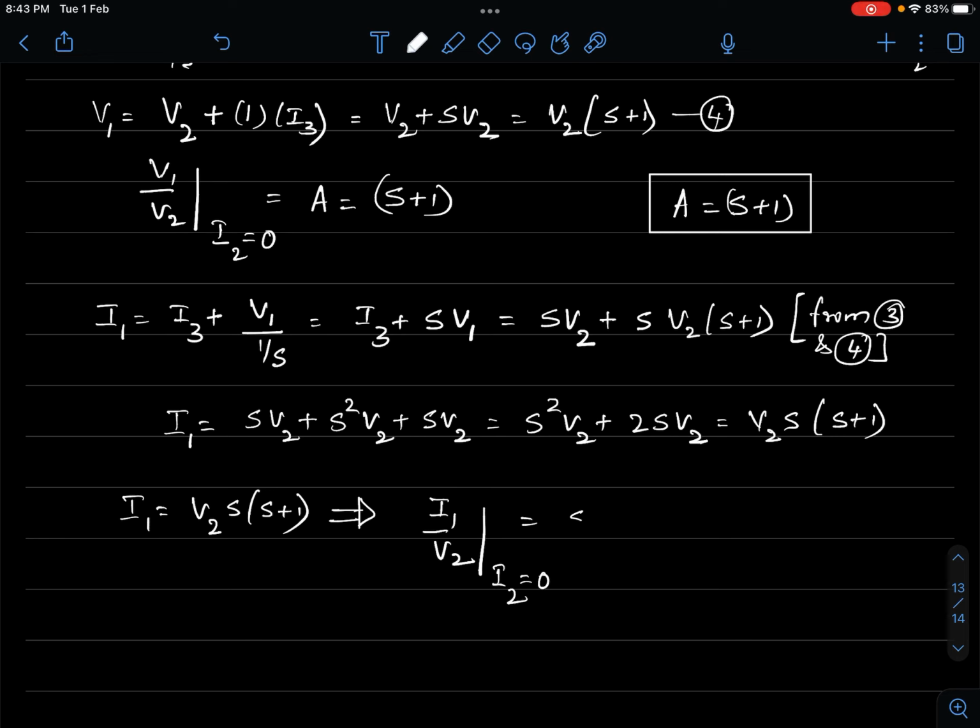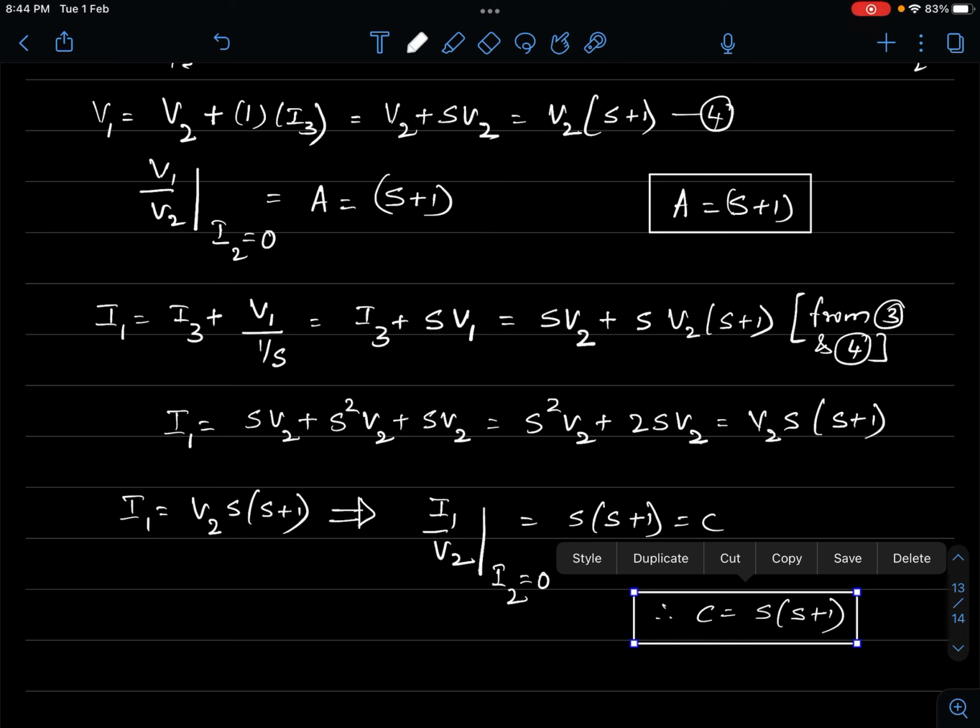This is equal to S into S plus 1. And this is our C. Therefore, C equal to S into S plus 1. I'll enclose it in a box.